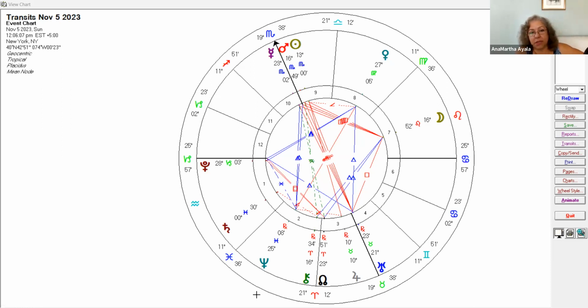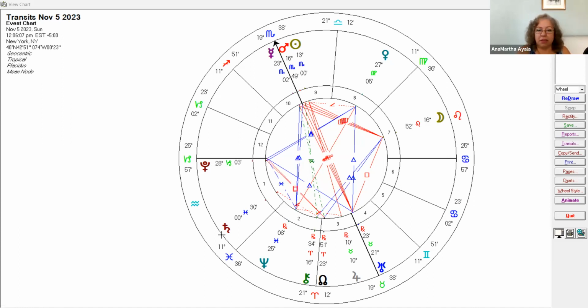Let me give you an example. The first house: people that have Pluto conjunct with the ascendant, you can read it two ways. This gives either really thin people or really heavy people.